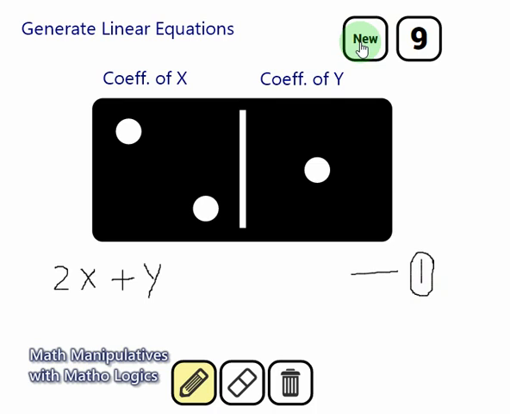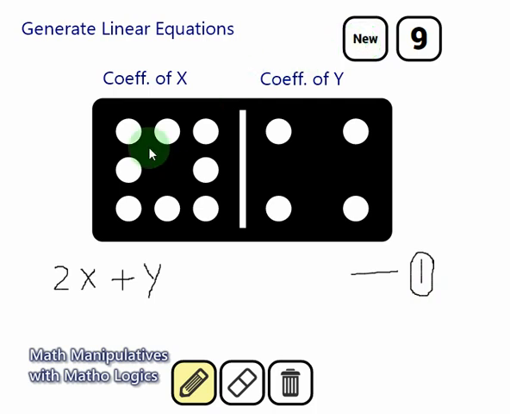Okay, now I'm going to click on this new button to generate a next domino for our next equation, which will be equation number 2. Okay, let's count the dots. 1 2 3 4 5 6 7 8. So the coefficient of x for our second equation is 8. Then I might put plus or a minus over here, so this time I choose subtraction.